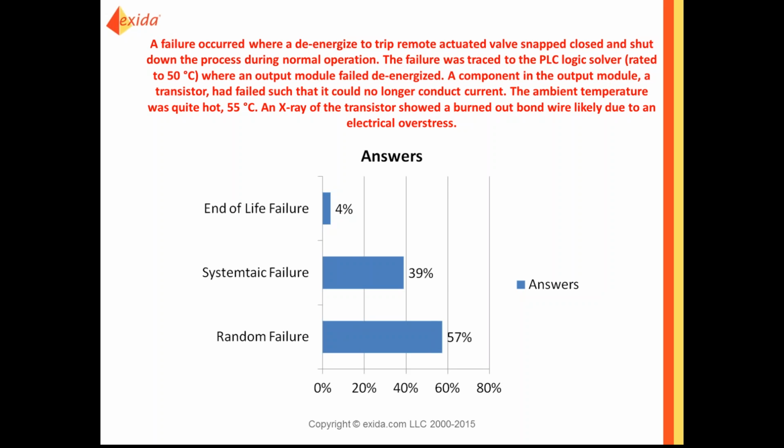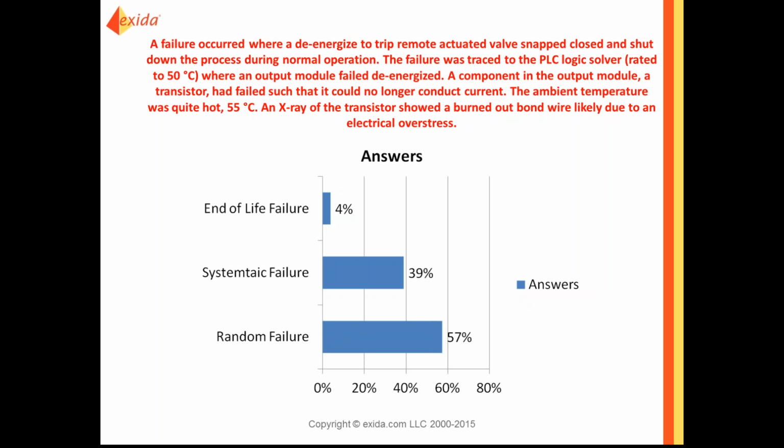In this case, a PLC output failed de-energize, which de-energized a trip valve and brought the process offline. In that scenario, most people thought it was random failure, but quite a few people still thought it was a systematic failure.